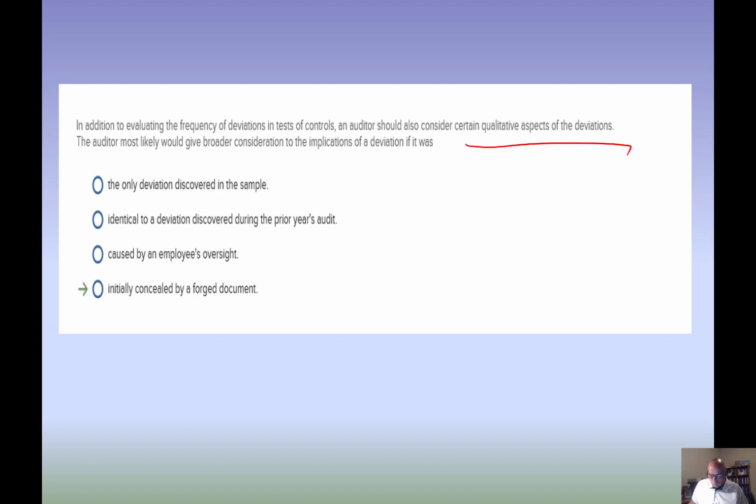So if we're seeing that there was a forged document involved, well, that's going to have larger implications in the audit than just the pure, well, they didn't sign off on a sales order. We found that they gave us one in which the signature was forged or was put in there after the fact or something. That's going to have larger implications on the audit than just the pure results of the test.